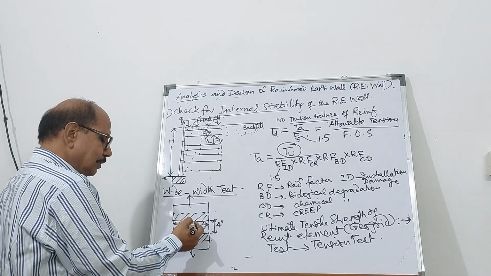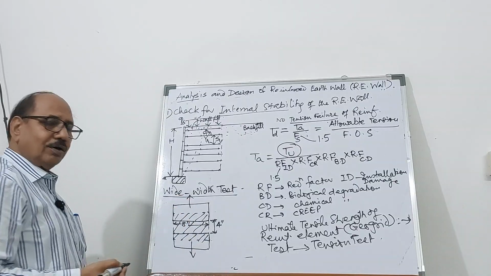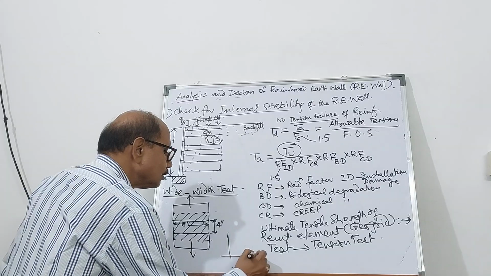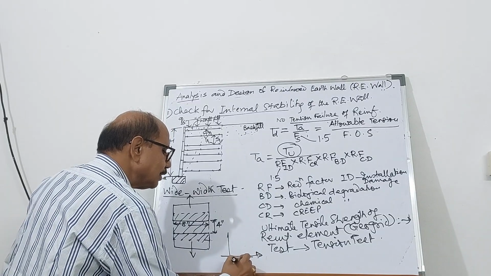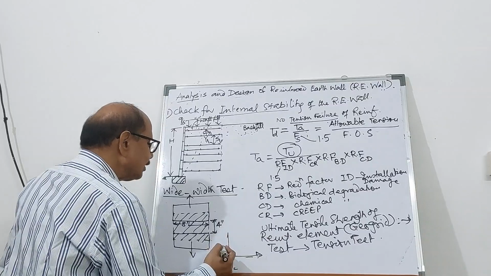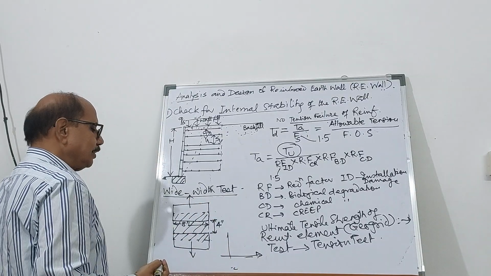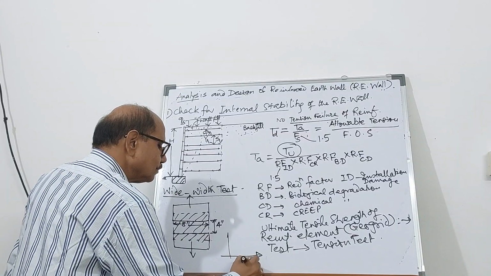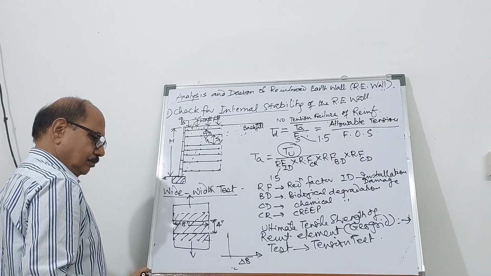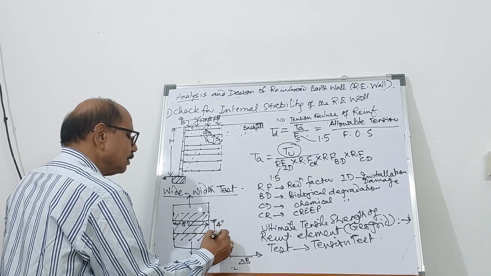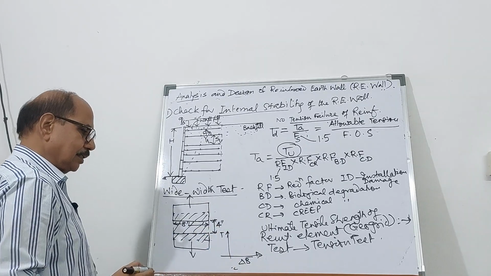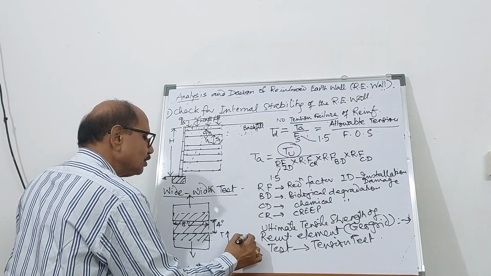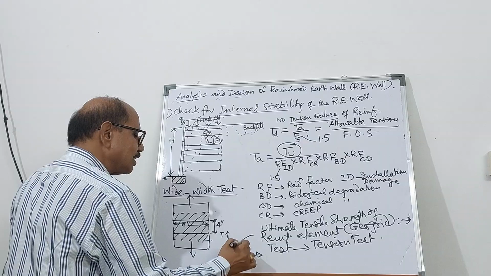and deformation, you plot it here on the x-axis. What is the change in its width? Delta B. And the magnitude of the tensile force. So you will be getting the maximum tensile force.